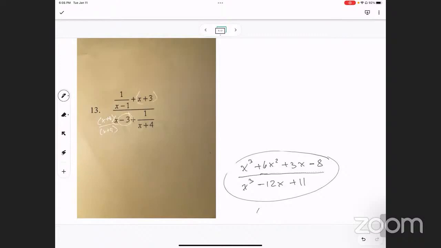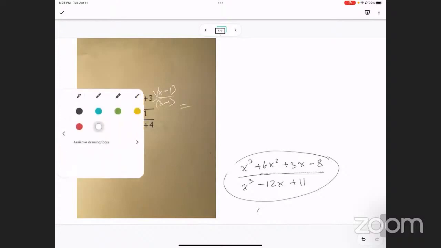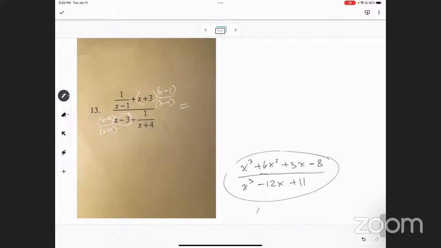And you would multiply this by x minus 1 on the top and the bottom. And you would get, if you did that, I'll do it real quick so you can see how it gives you the same answer. You would get 1 over x minus 1, there's my first term, plus x squared.